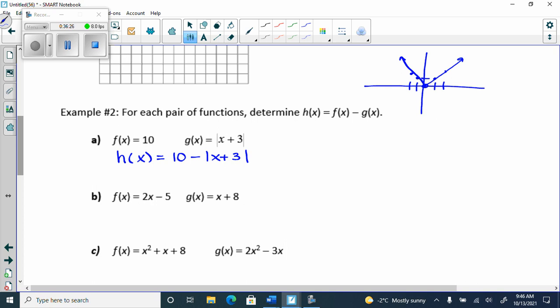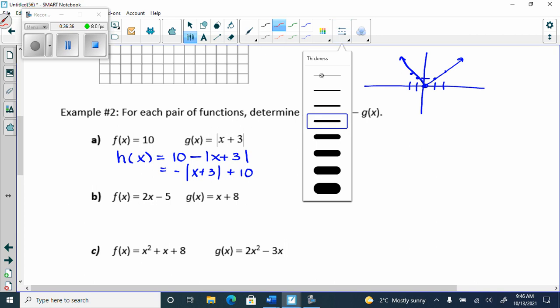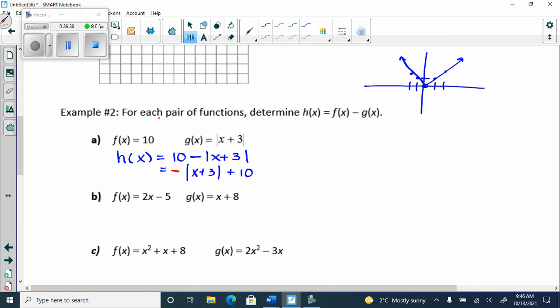Ooh, if it flips, what's this? It's a flip. I can rewrite this as negative the absolute value of x plus 3, plus 10. We agree? So what does this negative in front do? It causes a reflection in the x-axis, so it would make my range less than or equal to whatever my range is, correct? Is there a reflection in my x here? No. And if it did, it's like a quadratic.